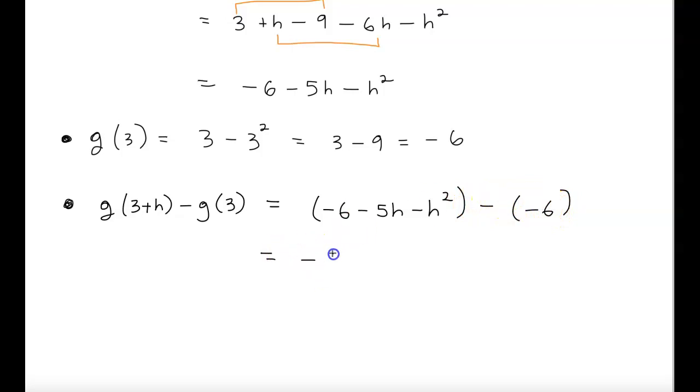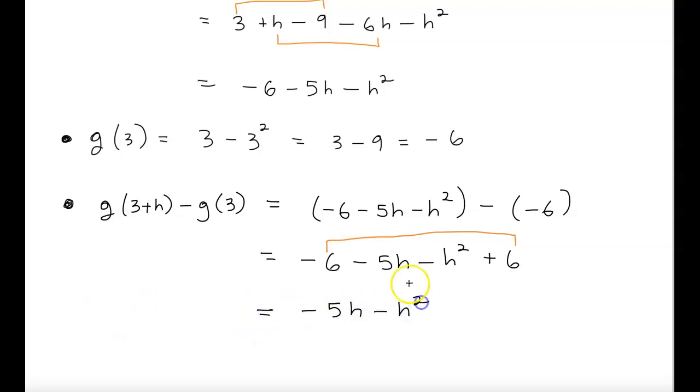So it's going to be negative 6 minus 5h minus h squared plus 6. And now you can see that these two like terms sum to 0 because negative 6 and 6 sum to 0. So finally we can say that this is equal to just negative 5h minus h squared, okay?